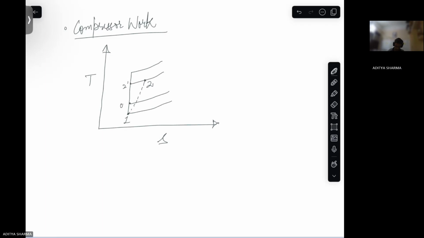This is total. Initially, the total condition is O1 dash. This is O2 dash. This is O2.